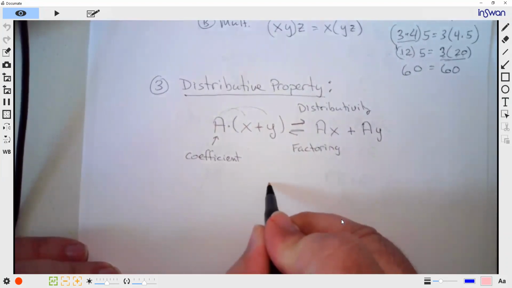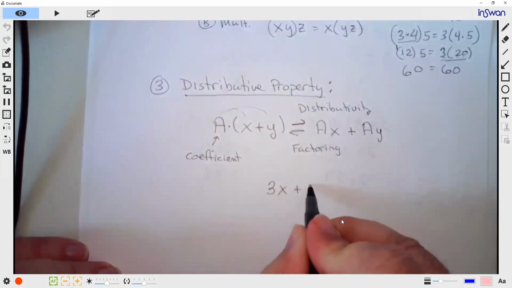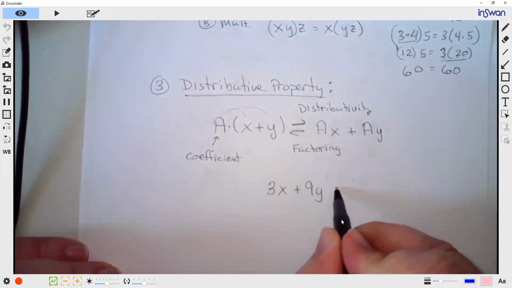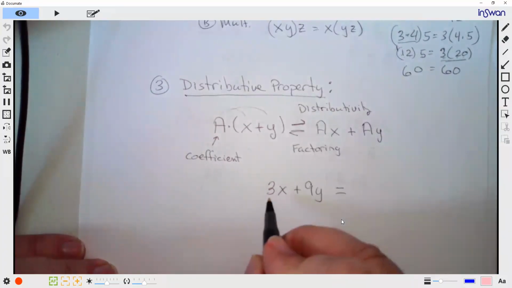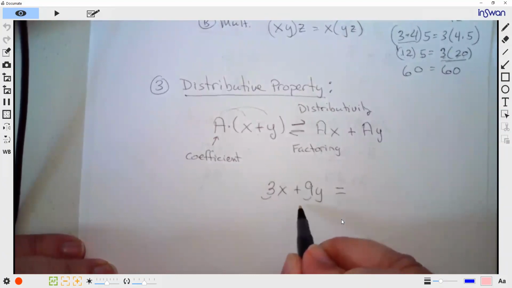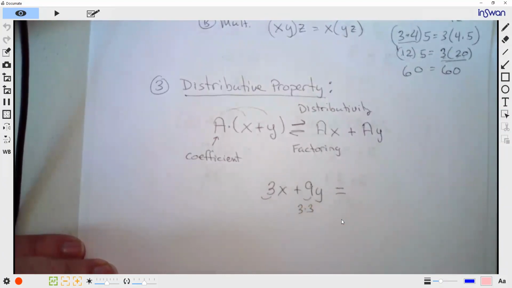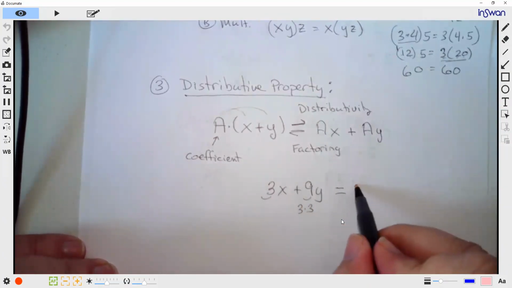For example, what do both of these have in common? They both have letters. Yes, and what else? They both have 3 in them? Yes, exactly. Because this is made up of 3 times 3. So they both have a 3. I can take it out.